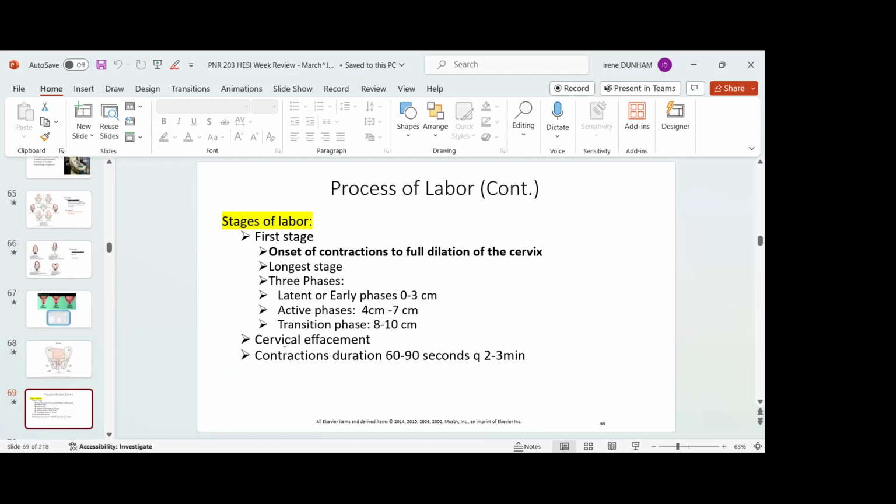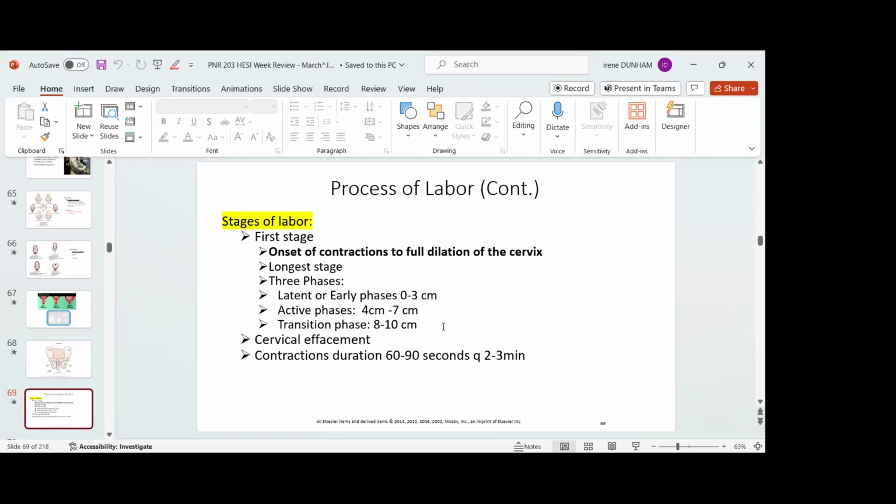So you want her to handle the labor contractions and do the breathing. If she wants pain medicine, usually the active phase is the good time to give it. You don't give a patient a narcotic during transition, because she'll go from 8 to 10 and then deliver that baby, and the baby will be very sleepy at birth.